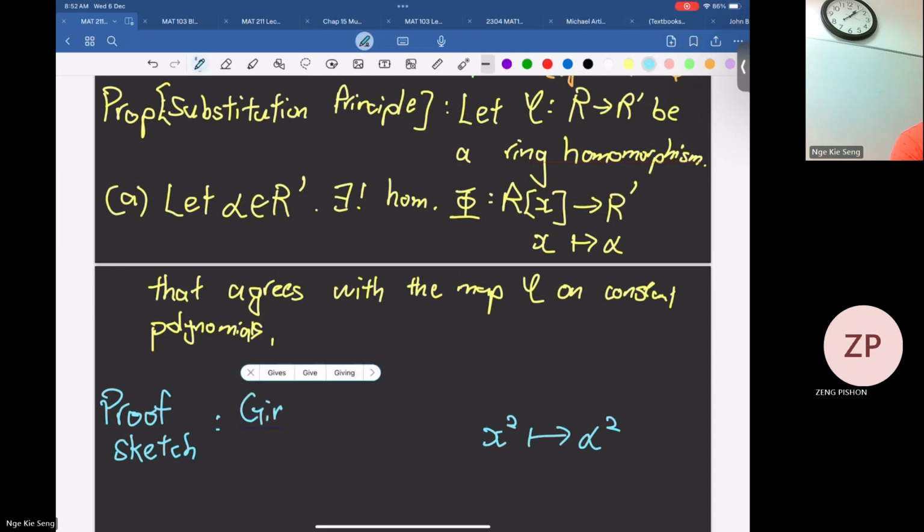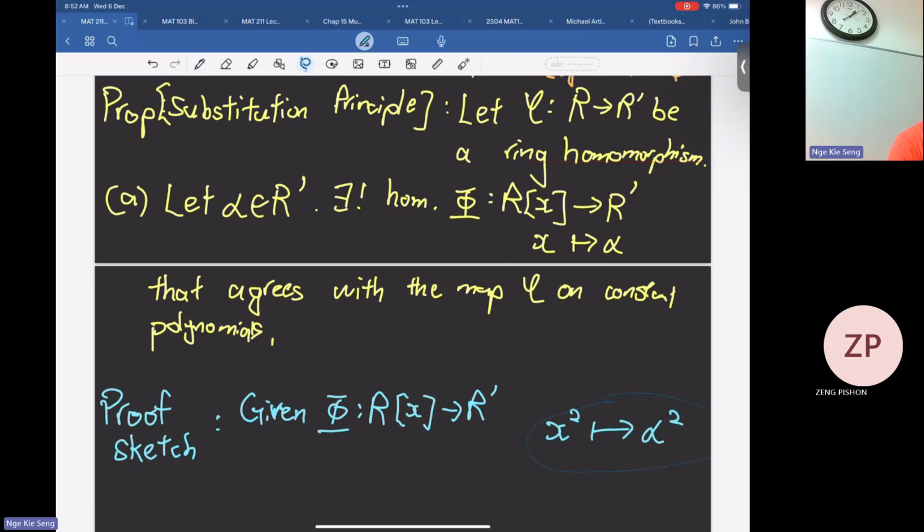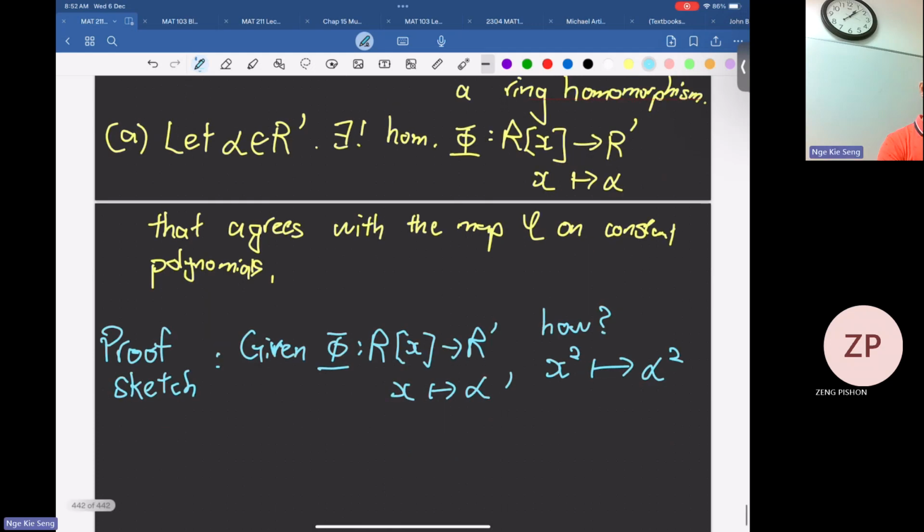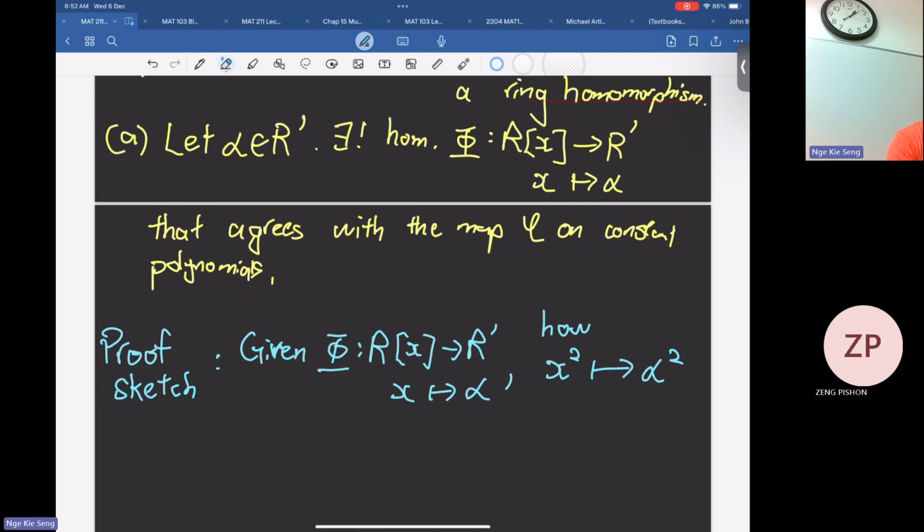It's going from the polynomial ring R[x]. We know that x should go to alpha. So you need to talk about what capital Φ of x squared is.